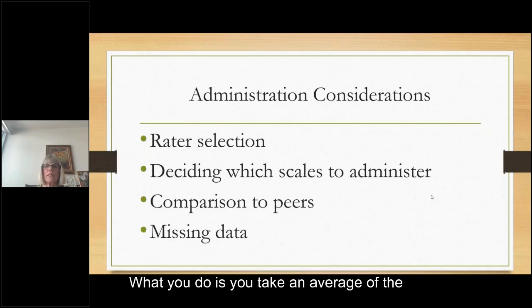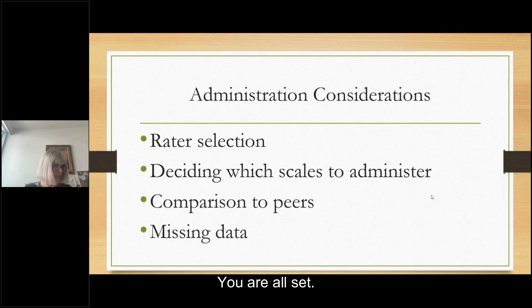You take an average of the remaining items. You're either going to have 8 or 9. If you have more than 2 missing items, it's going to be unscorable. You take that average and add it into the total once or twice, and then you have a new total and you can use the norm tables and you are all set.